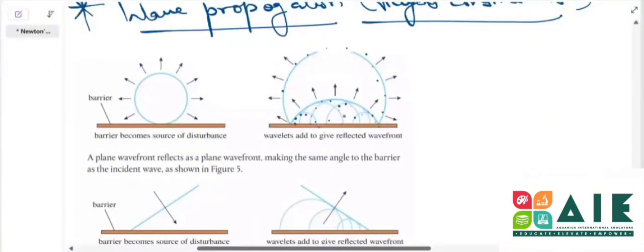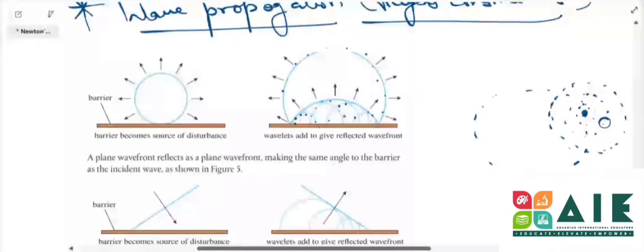Now try to understand that each disturbance creates its own wavelet and that progresses in the direction of the wave. Wavelet means if suppose one wave is created like this, one point can create its own disturbance. Now these points which are created by it will be wavelets.